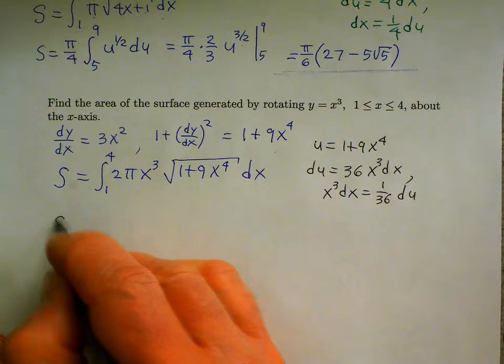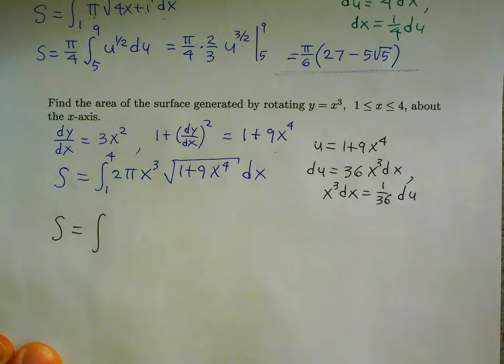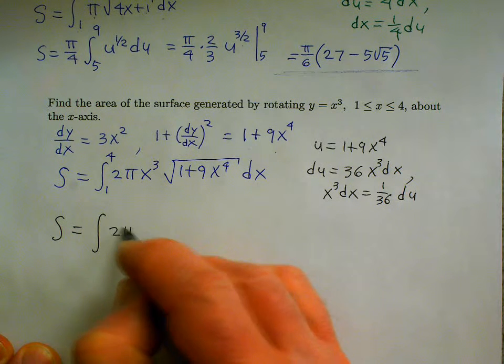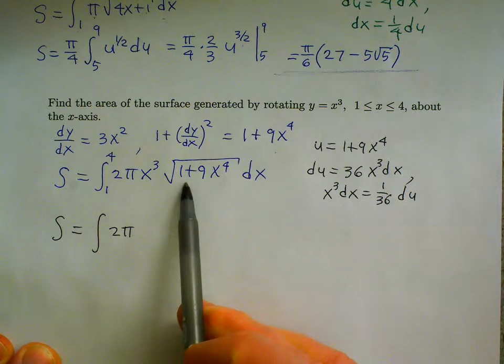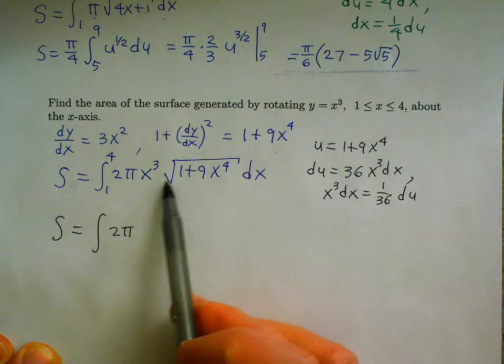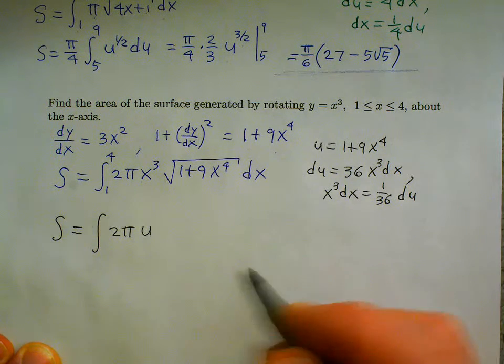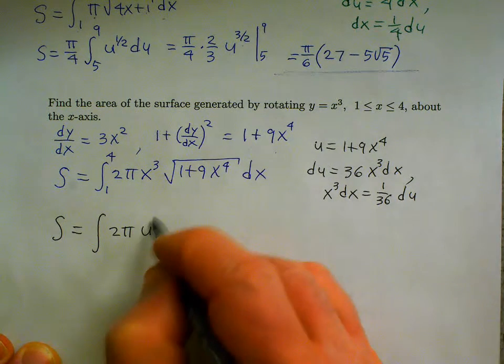Okay, so let's make those substitutions. 2 times pi, instead of the square root of 1 plus 9x to the fourth, we have the square root of u. So I'll write that as u to the 1/2.